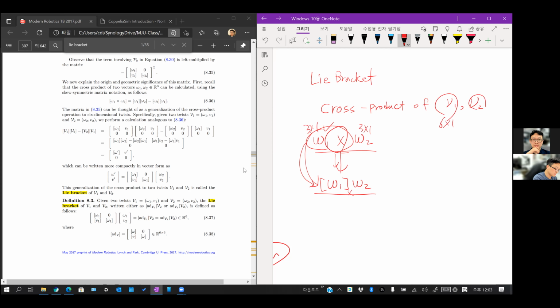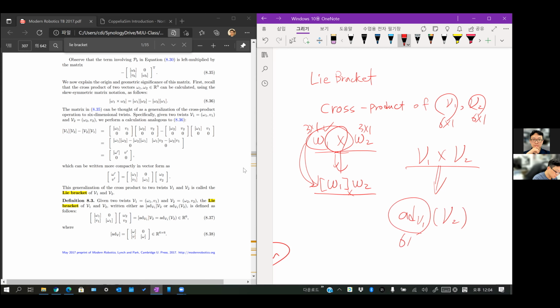Similarly, this one is a 3 by 1 vector and a 3 by 1 vector, and this one is a 6 by 1 and a 6 by 1 vector. So if we want to calculate this kind of more general 6-dimensional twist cross product, it can be calculated by this Lie bracket. This one multiplying this one.